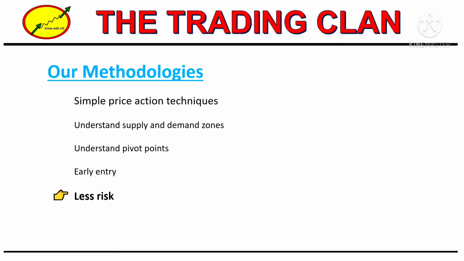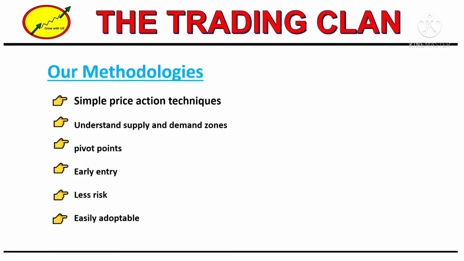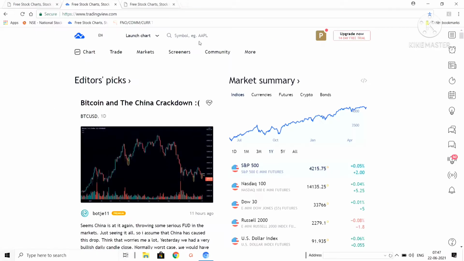Due to the less risk, we will be having a highly rewarded percentage. And finally, our methodology can be adopted by anyone very easily. So these are the very simple techniques we used for finding the picks at the right place.